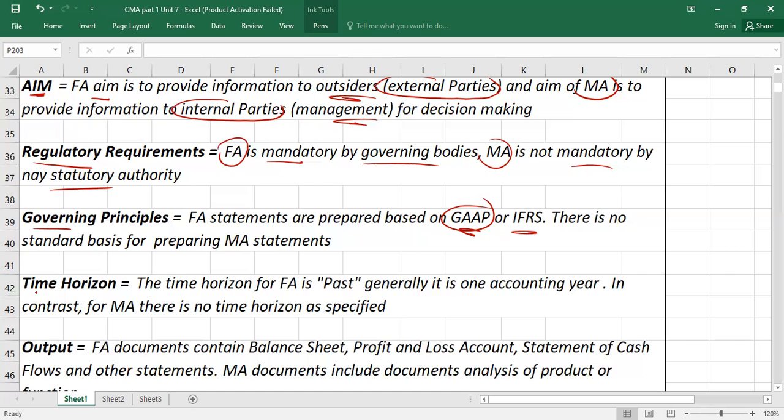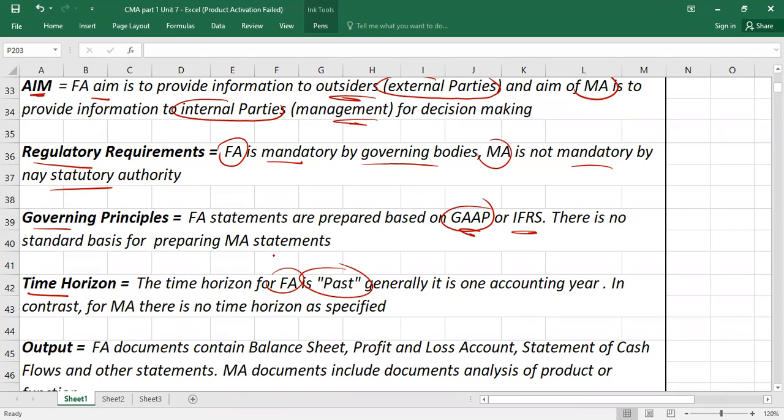Understood? Then we have the time horizon. Please also remember, financial accounting is mostly prepared for one year, one accounting period. One accounting period means about 12 months, right? And it always has which focus? Past focused, because financial statements are prepared at the end of the year for the previous 12 months.